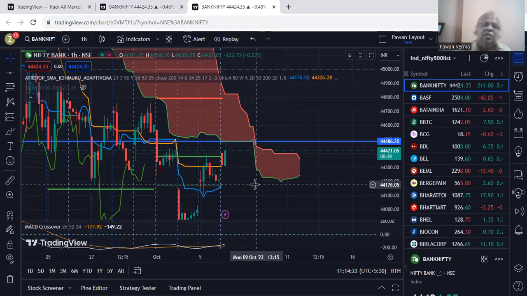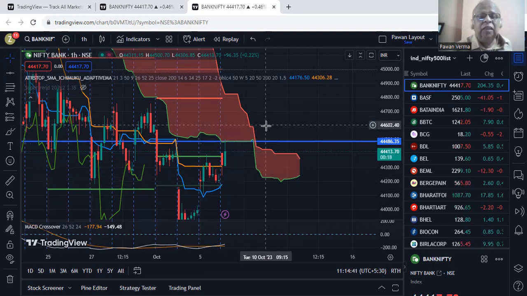So friends, in case of Bank Nifty, we can get the correction or retracement to the level of 44,176. And what should be the level?